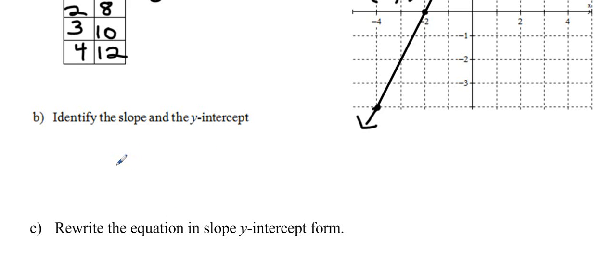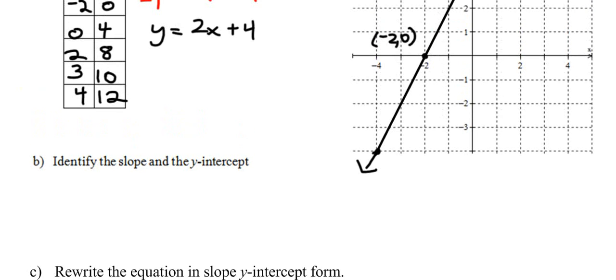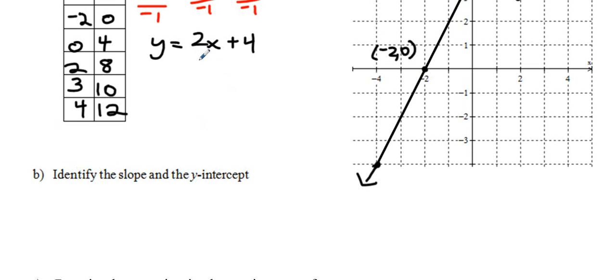The slope is, I already rewrote it in slope y-intercept form, so I know the slope is 2, or I could have just done my usual triangle here from the graph and counted up 1, 2, 3, 4, up 4 and over 2. So up 4 and over 2 would be, the slope is 4 over 2, which of course is just 2.